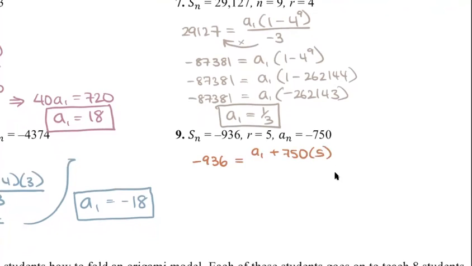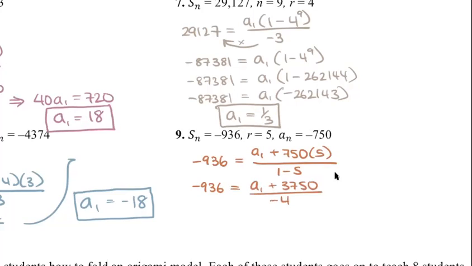Perfect, because negative times the minus gets you plus. Yeah. And then over 1 minus 5. Cool. Okay. And then I simplified, so it would be negative 936 equals a sub 1 plus 3,750 over negative 4.